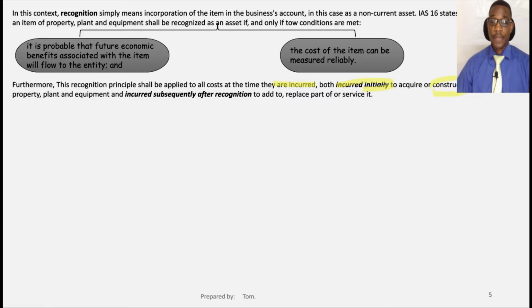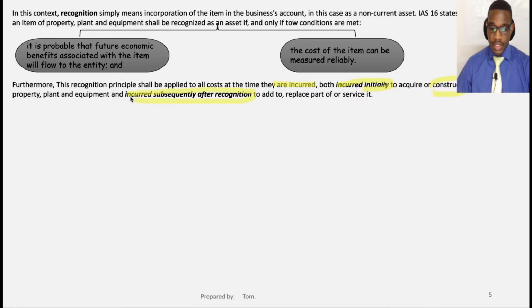Let's say you are a construction company, and you design and build your own head office. How do you measure the cost? The cost is the amount that you incurred to acquire or to build this building.